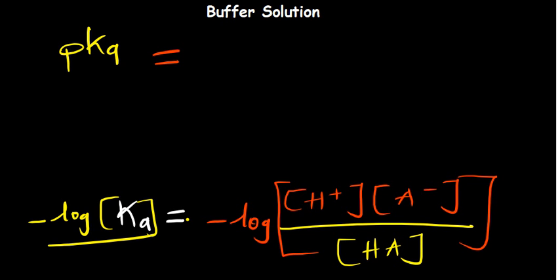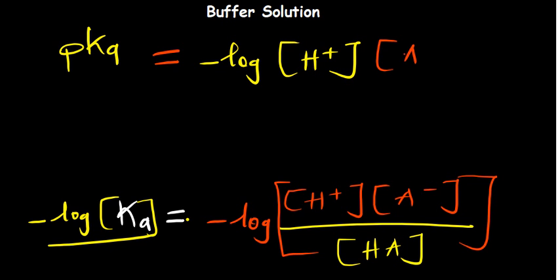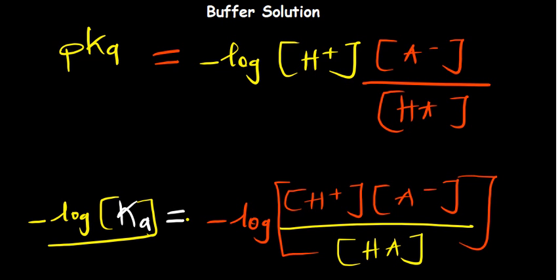What did we say? Multiplication, you think of addition in terms of our logs. So first I'll consider the proton to be separate, and then the conjugate base divided by HA, which is our acid itself. And as we go down, what do we expect?